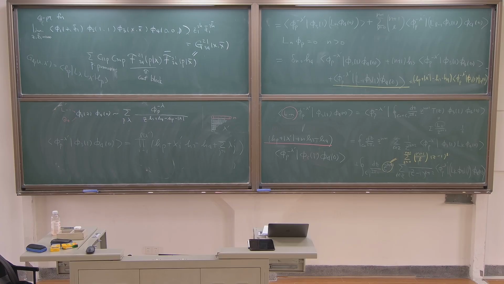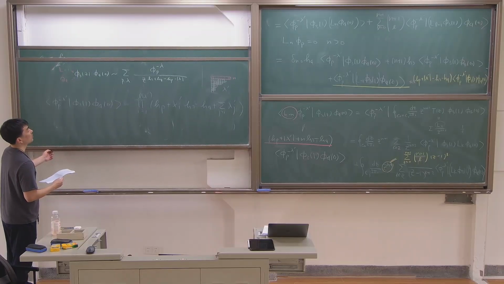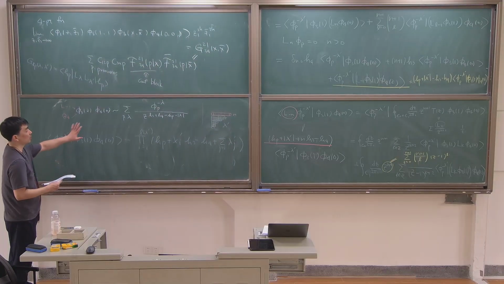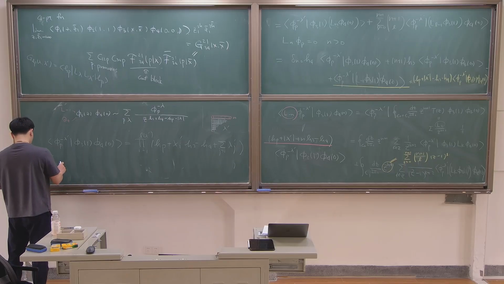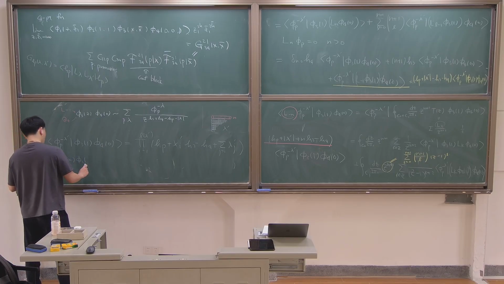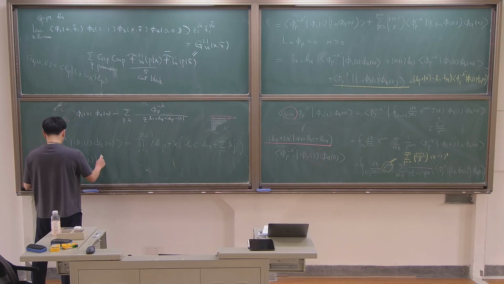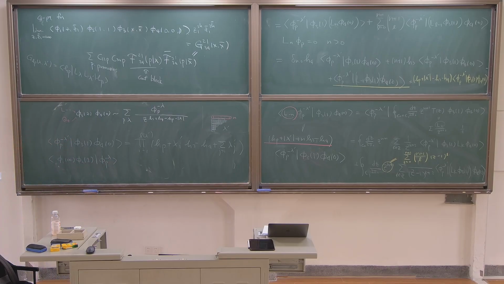And then the same analysis can be done for the other piece. Unfortunately I erased this part. The other piece is phi 1 at infinity, phi 2 at 1, and phi p at minus lambda. So that's what we saw for the other pieces.